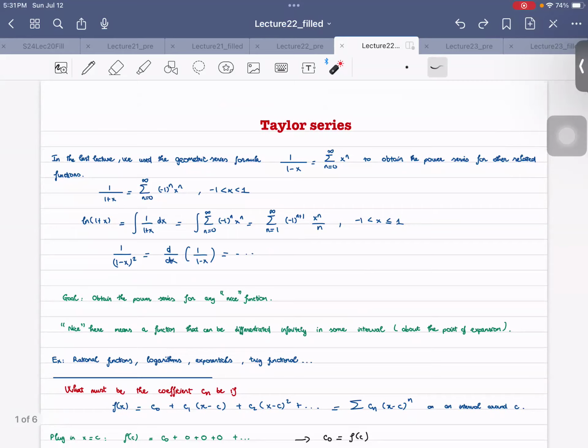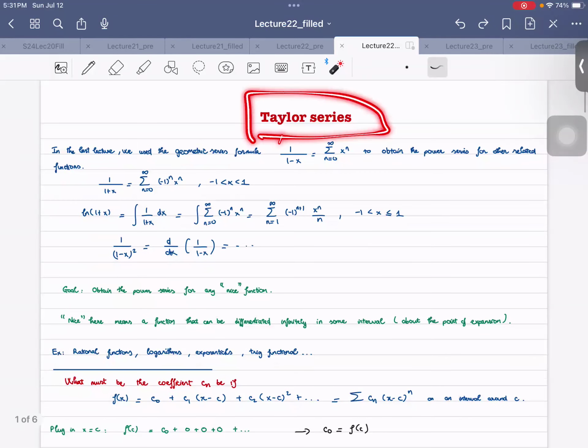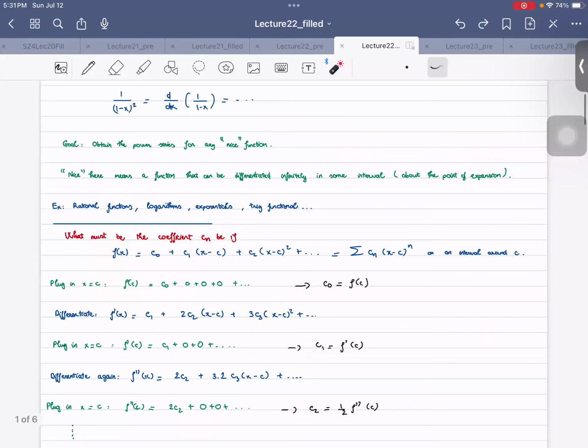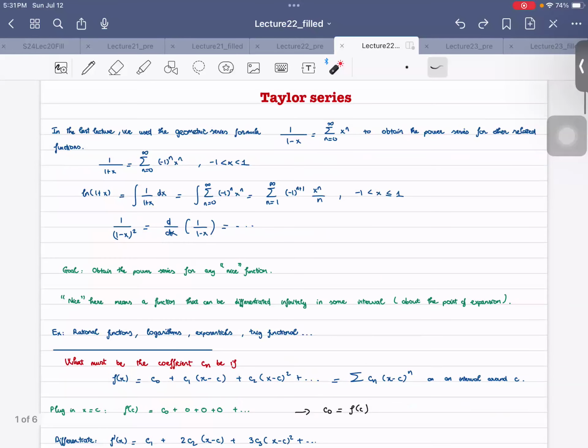There's no big difference between the power series and the polynomial. For the Taylor polynomial, you have an approximation for your function, and it is just a polynomial of degree n. That means you have finitely many terms. But for the series, you have infinitely many terms, which means you have an infinite sum. But the thing is, it's quite similar.